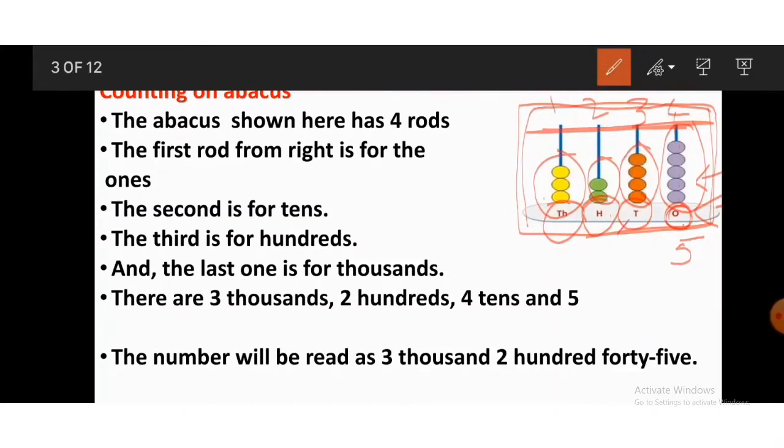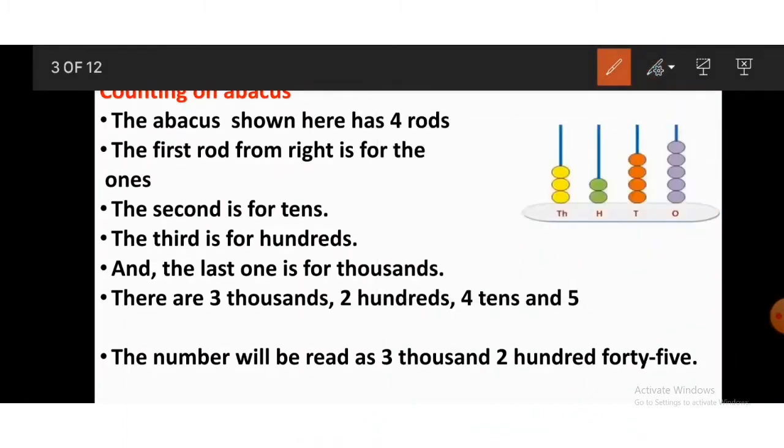Now coming to the tens place, how many balls are there here? 1, 2, 3, 4. 4 balls in the tens place. Coming to the hundreds place, 1, 2. 2 balls. Coming to the thousands place, 1, 2, 3. 3 balls.